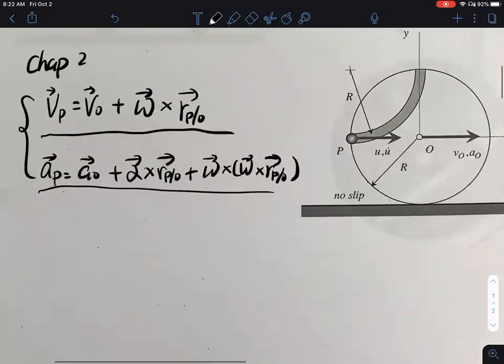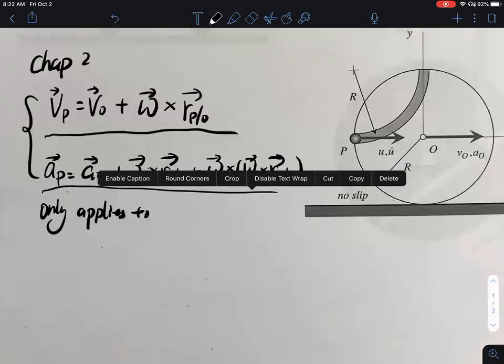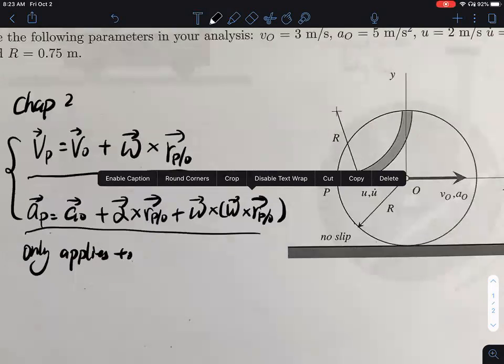If you're not sure about this, make sure you write this down. This only applies to 2 points. What's going on here?